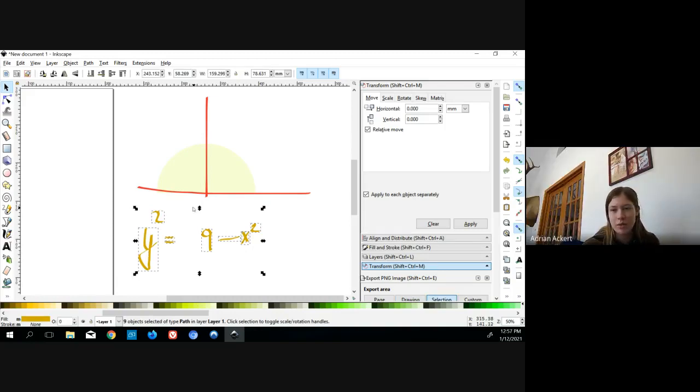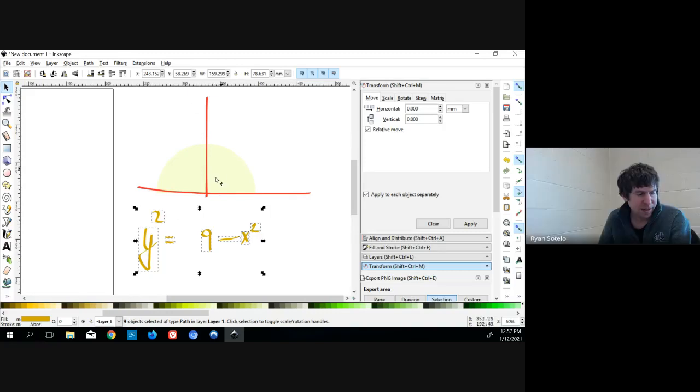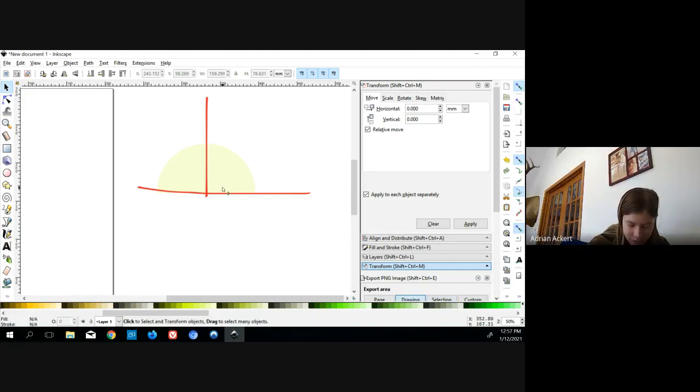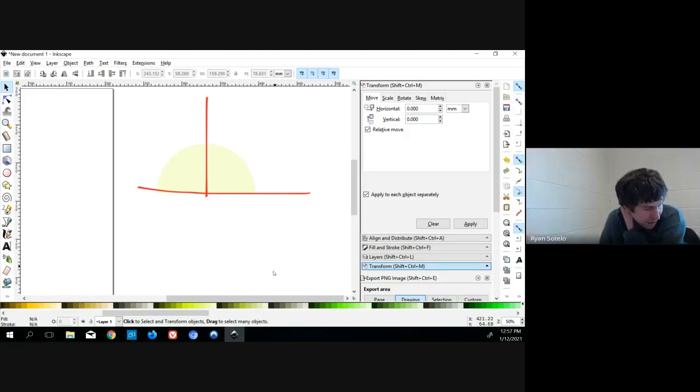So what did it end up being? 14 point something, 9 over 2 times pi. It's half a circle. That was just half a circle, and the radius was 3, so you could still figure out the area for that.